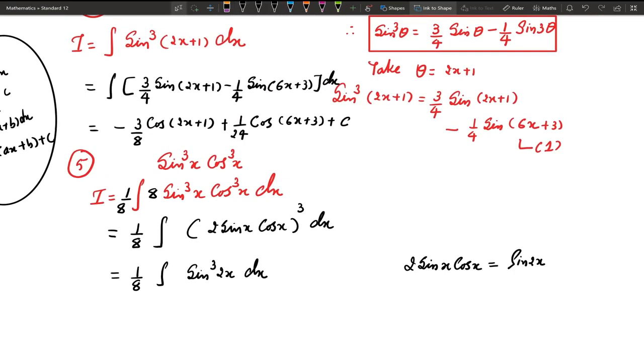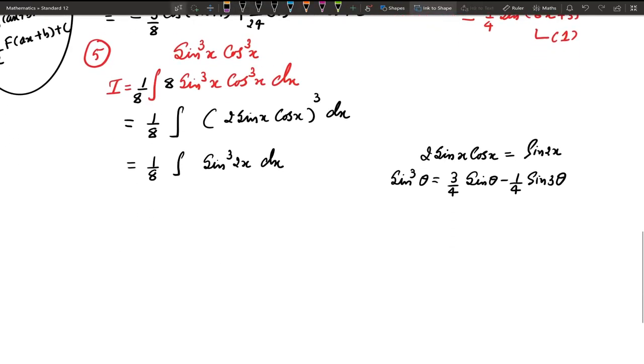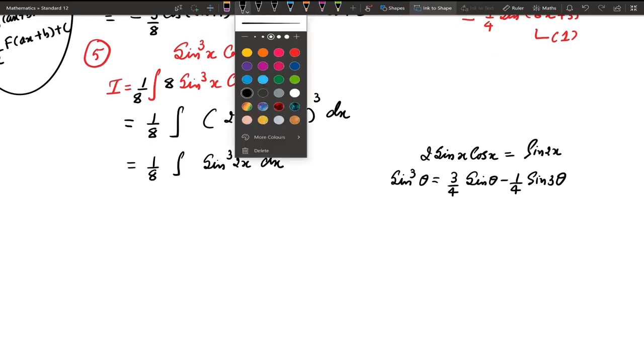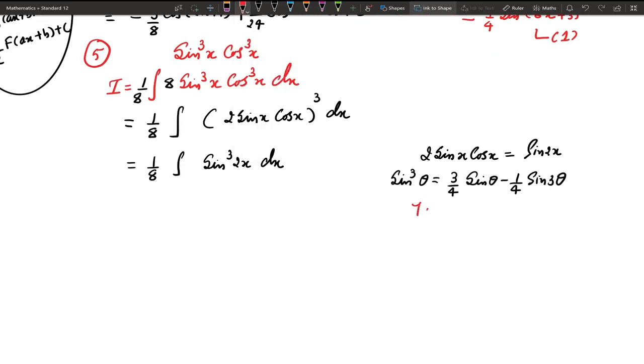Now we apply this formula. We have already derived this result: sine cube theta equals 3 by 4 sine theta minus 1 by 4 sine 3 theta. So take theta equal to 2x.